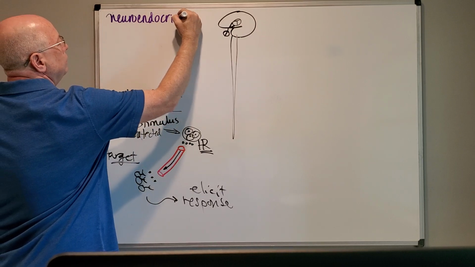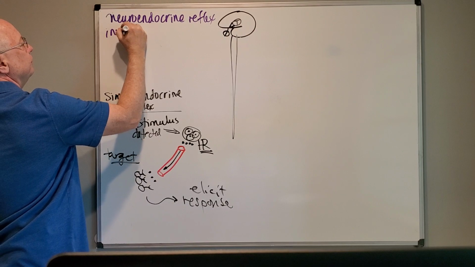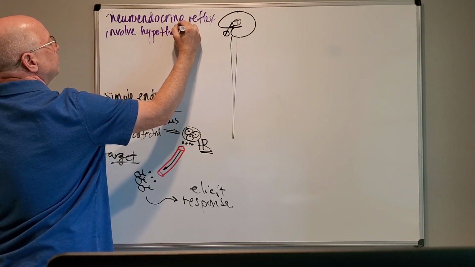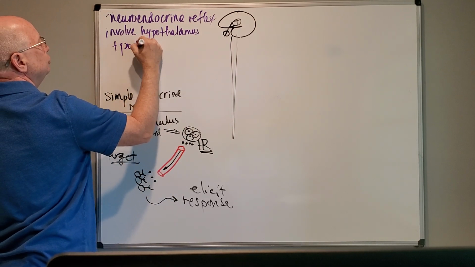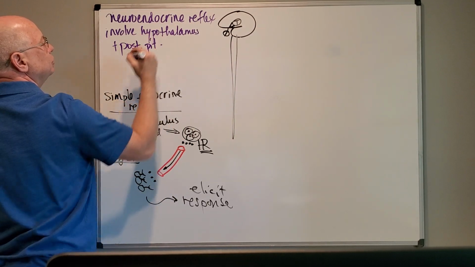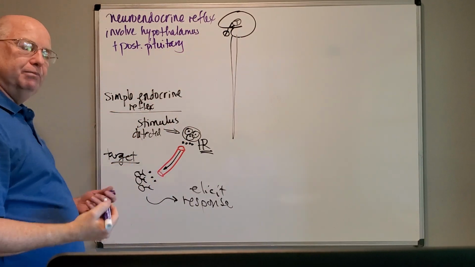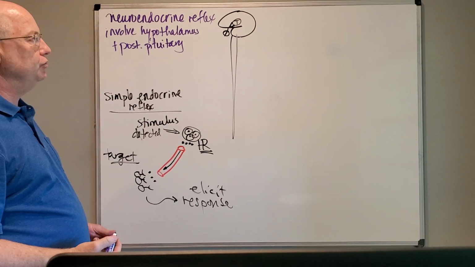So in a neuroendocrine reflex, they always involve the hypothalamus plus the posterior pituitary. I'm just going to write the words, I'll abbreviate posterior, but I'll put posterior pituitary. So essentially what happens in this situation is this.